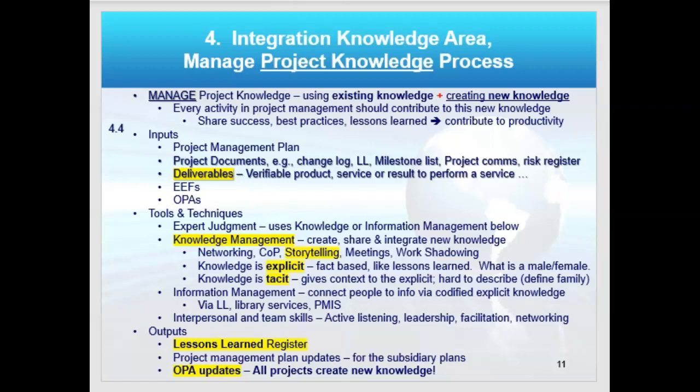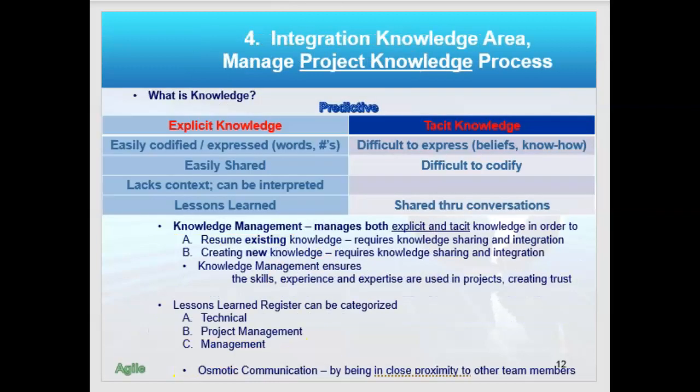Okay, and the knowledge is either explicit or tacit. Explicit is fact-based. Tacit is hard to describe, though we all kind of know what it is. So if I ask you to describe a family. Now my outputs when I'm sharing knowledge is this lessons learned register. Right, because I'm sharing my lessons learned, passing the knowledge on, and of course updating my OPAs. That's a rare one, OPA updates, but it makes sense here as I change knowledge.